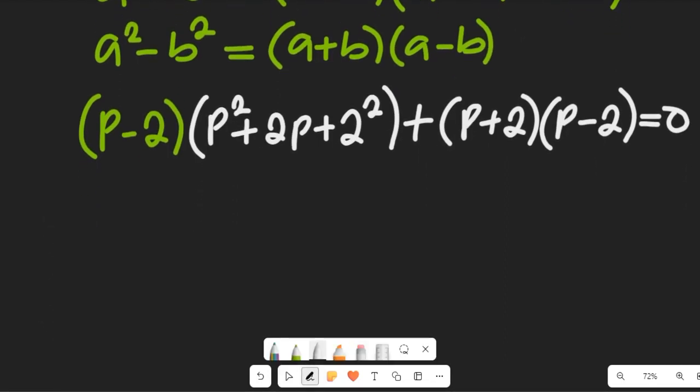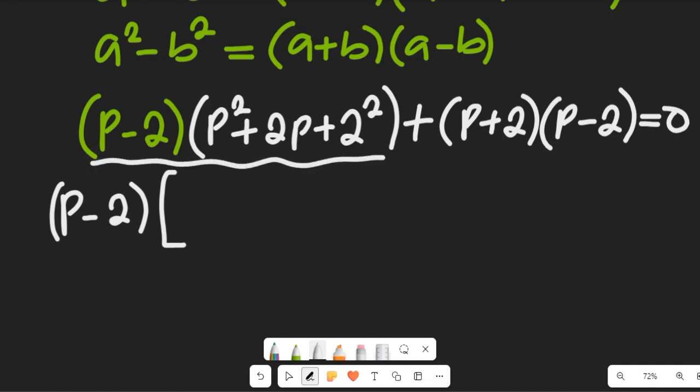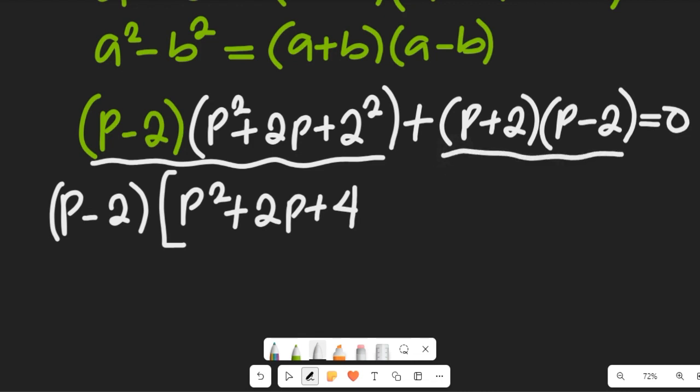Simplifying that expression, we'll see that p minus 2 is common, so we're going to isolate it. If you divide this whole expression by p minus 2, we'll be left with p squared plus 2p plus 4, and plus p plus 2, and all these will be equal to 0.